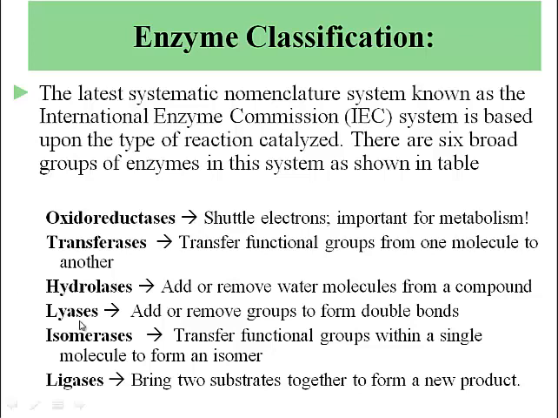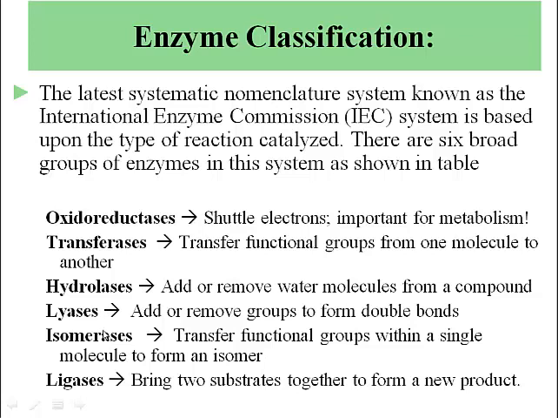Lyases add or remove groups to form double bonds. We saw carbon-carbon double bonds in Chemistry 105, the formation of the alkenes. These would be mediated by enzymes that fall into the lyase class. Isomerases transfer functional groups within a single molecule to form an isomer.